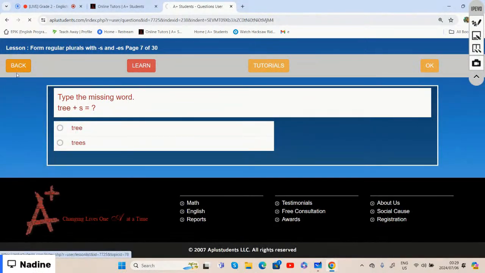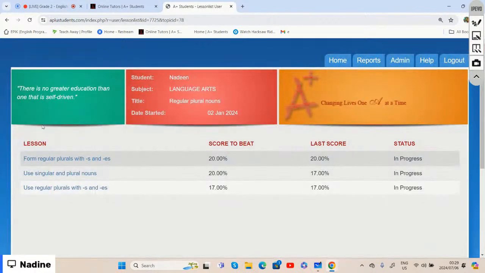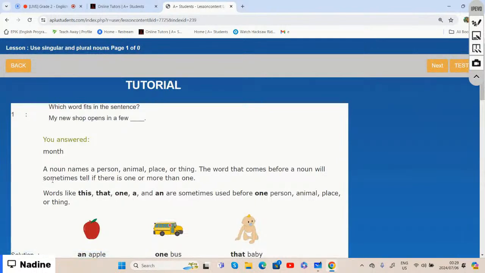Now we're going on to the next lesson, right? Where we are going to use singular and plural nouns. And remember we said a noun names a person, an animal, a place, or a thing.